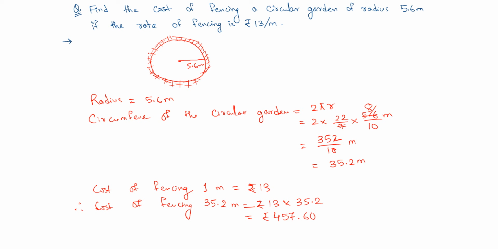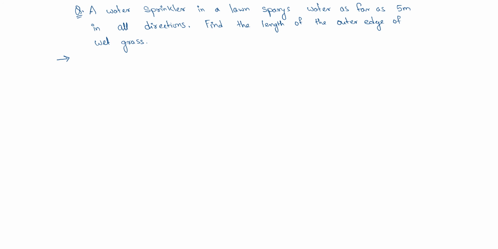Now let's move on to the next. The next question says, a water sprinkler in a lawn sprays water as far as 5 meter in all direction. So suppose there is a water sprinkler out here, and it is spraying water at most as far as 5 meter, and it is doing that in all the directions.